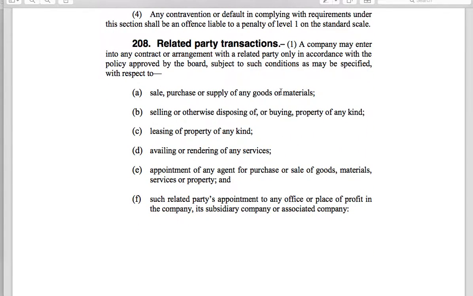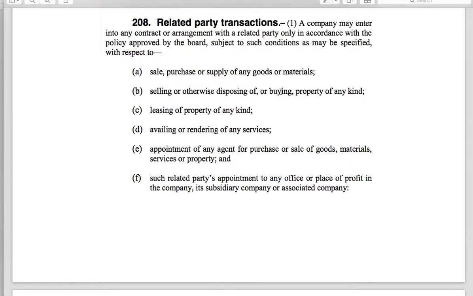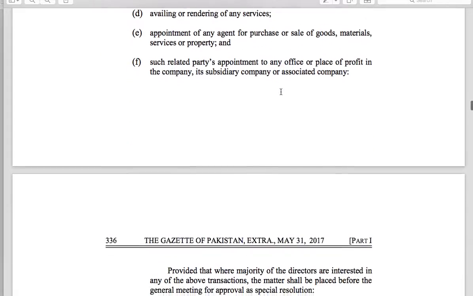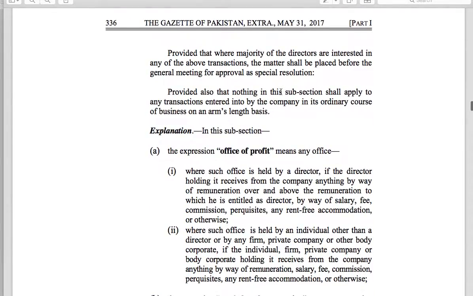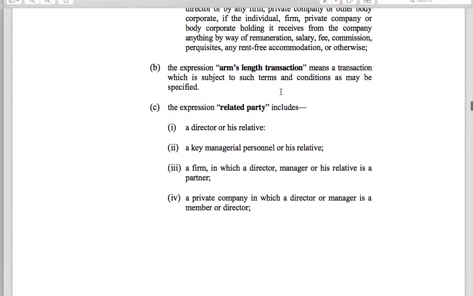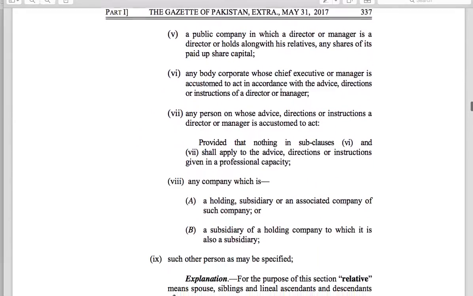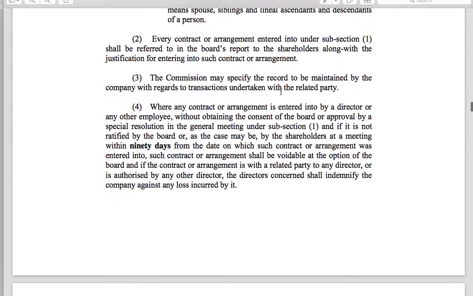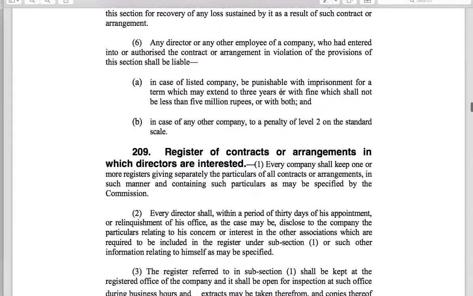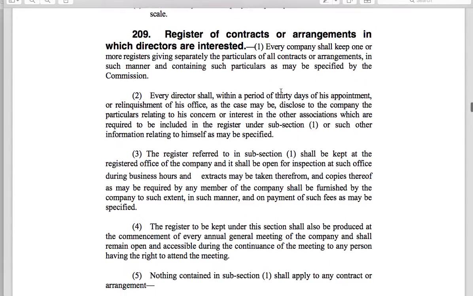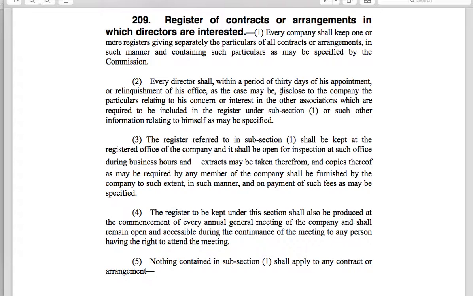All of this has now become law, and if directors are related to the parties from whom they are purchasing goods or services, they have to disclose it so that the shareholders can know if they are making illegal or unnecessary profits, or if there are other better suppliers, and just because the directors are related to these suppliers, they are making these transactions.